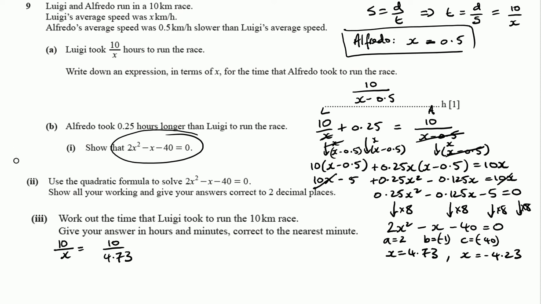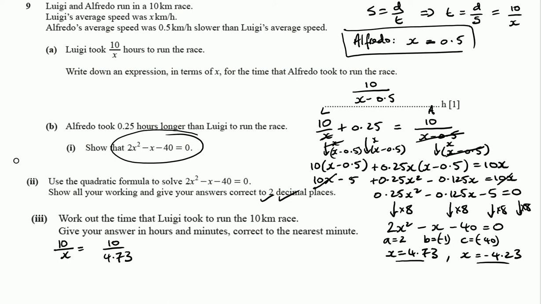As far as this part of the question goes, I can ignore the negative answer, because this would result in a negative time, and that doesn't make a lot of sense. We do need to keep both answers for part 2 of the question, because we need 2 answers over here, but in this interpretation part of the question, we need to think about what these answers represent.